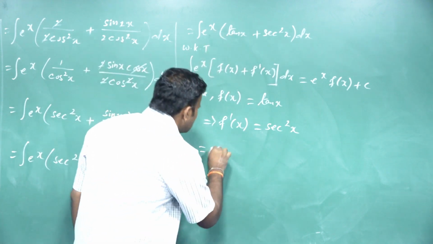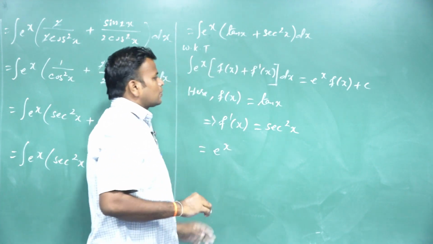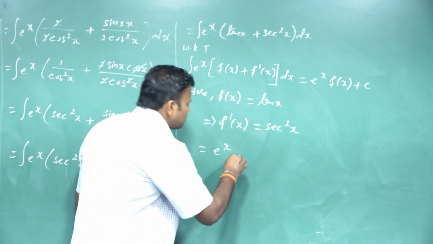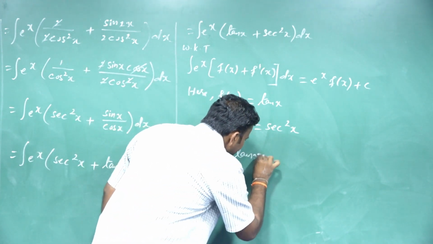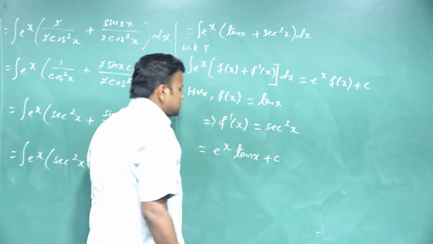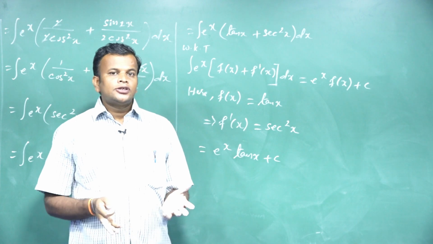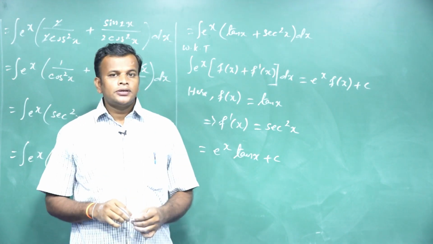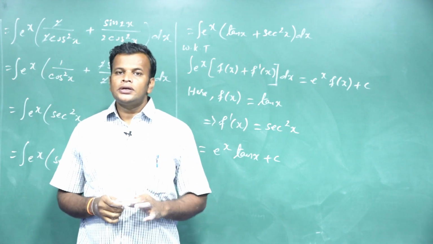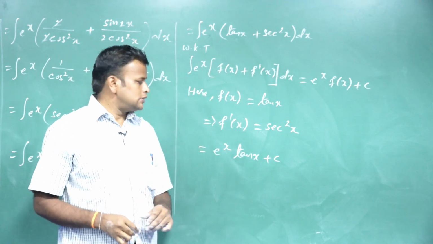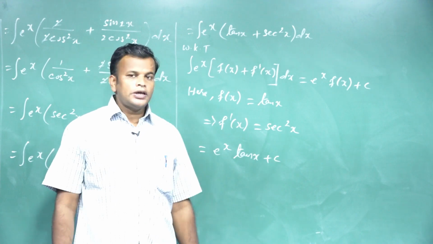So this formula is e power x into f of x. Here what is the value of f of x? Tan x. So e power x into tan x plus c. So this type of sum is also given. Suppose some creative problem is also given. So suppose you know the trigonometric identities very well, then we can solve the problem.